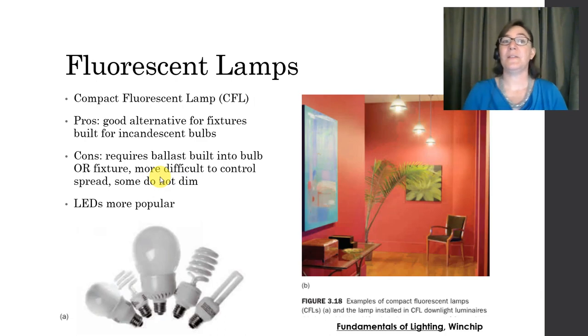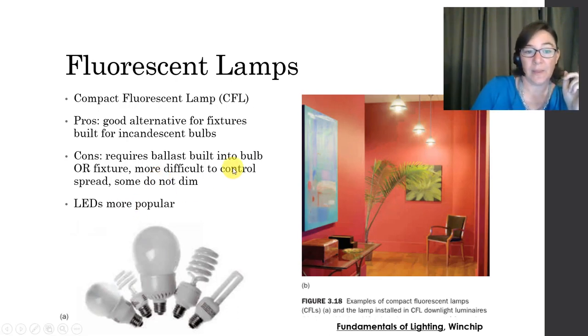Speaking of fluorescence, let's talk about compact fluorescents, or CFLs, as you can see them named. The benefit for a compact fluorescent is that they can be swapped out in fixtures, in luminaires that were built for incandescent. The disadvantage, the con, is that because it's a fluorescent, it needs a ballast. And so that ballast either has to be built into the bulb itself or the fixture.